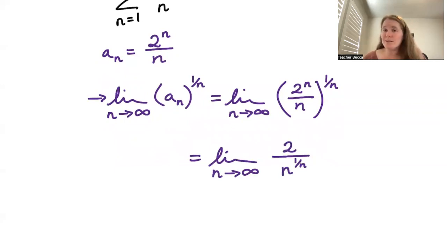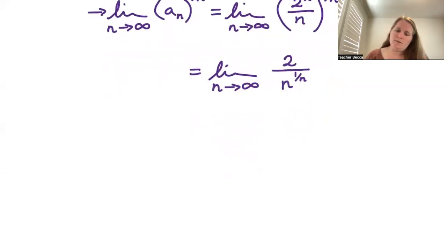This is one of those limits that is not so obvious, right? Let's just see what happens with that n to the 1 over n.